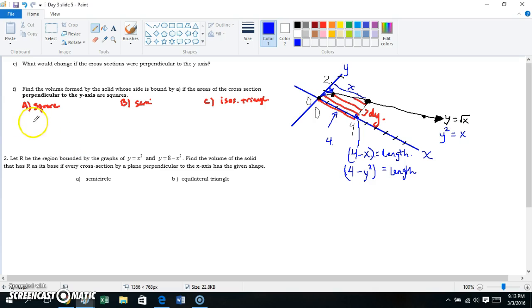Okay, so for the square, if we have squares as cross sections, the volume would be the integral from 0 to 2. Notice those are the y values because we're integrating in terms of y. Of the integrand 4 minus y squared dy.